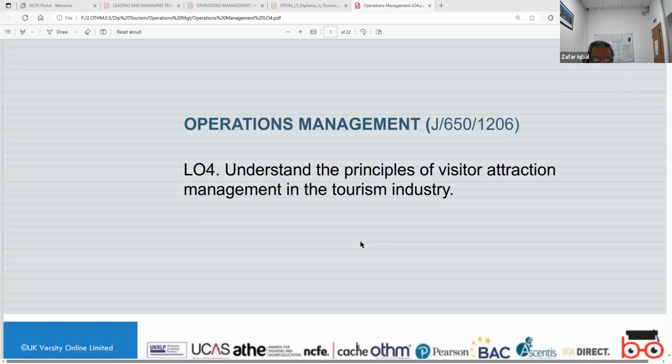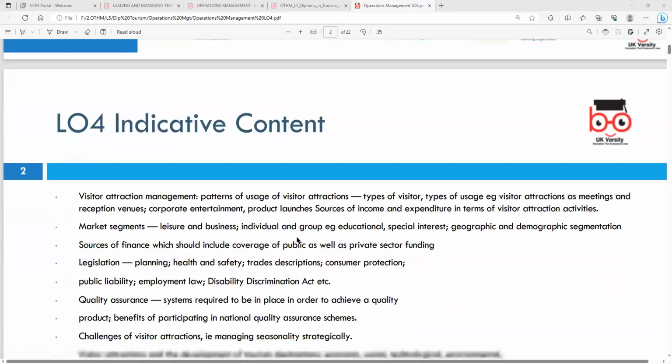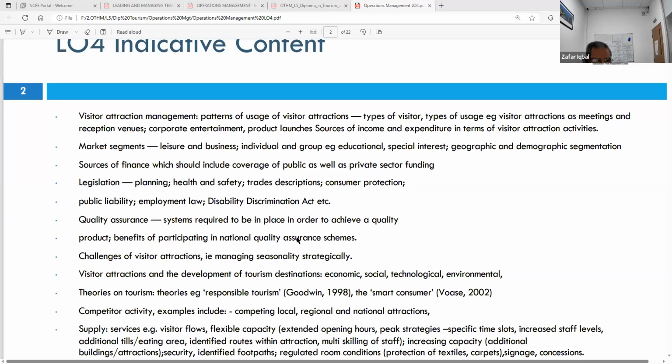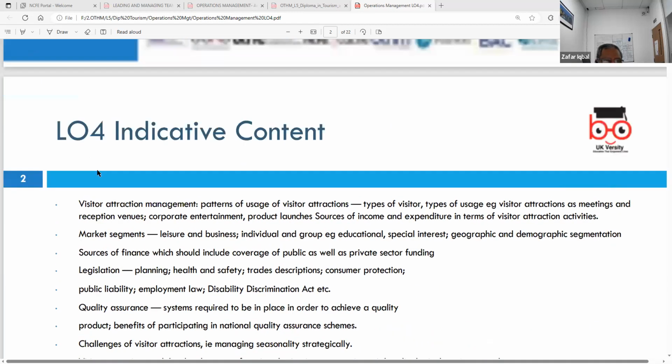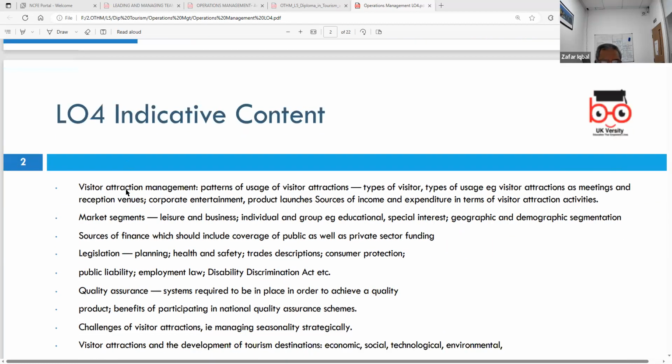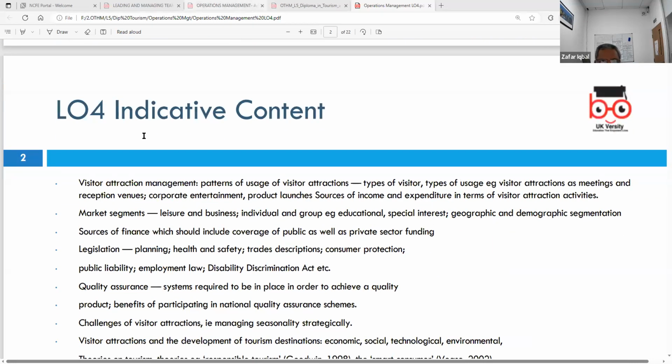There's a lot of content that you need to go through. I'm sure you have the syllabus, so you need to look at the contents of each learning outcome.